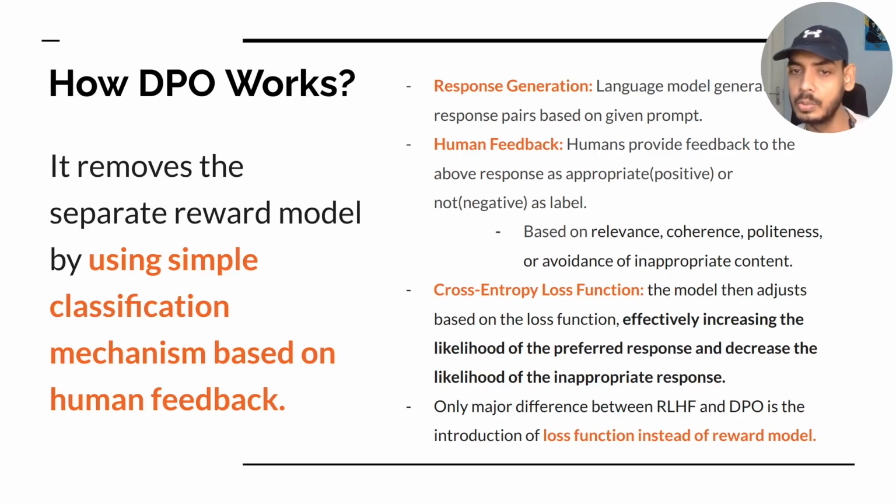We use that technique here, and it will try to look for correct labels and try to avoid incorrect labels. That is the major difference between RLHF and DPO, which is the introduction of a loss function instead of a reward model.